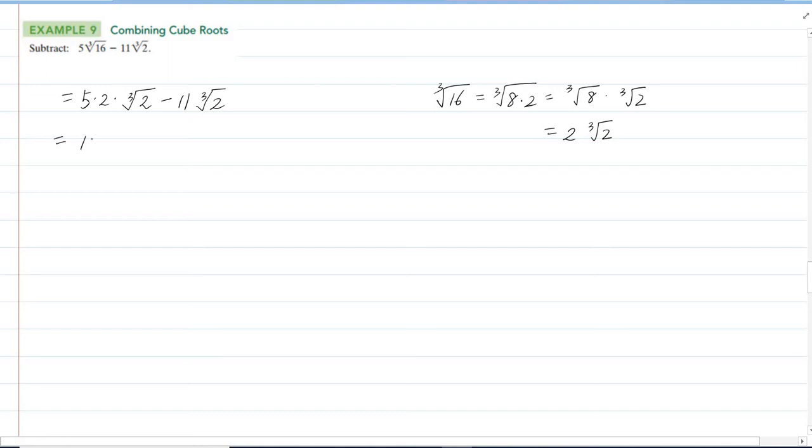Okay, that will give us a 10, right? Third root of 2 minus 11 third root of 2, which give us 10 minus 11, that will be negative 1. Right? Negative 1 is just negative third root of 2. So that is our final answer for your example 9.